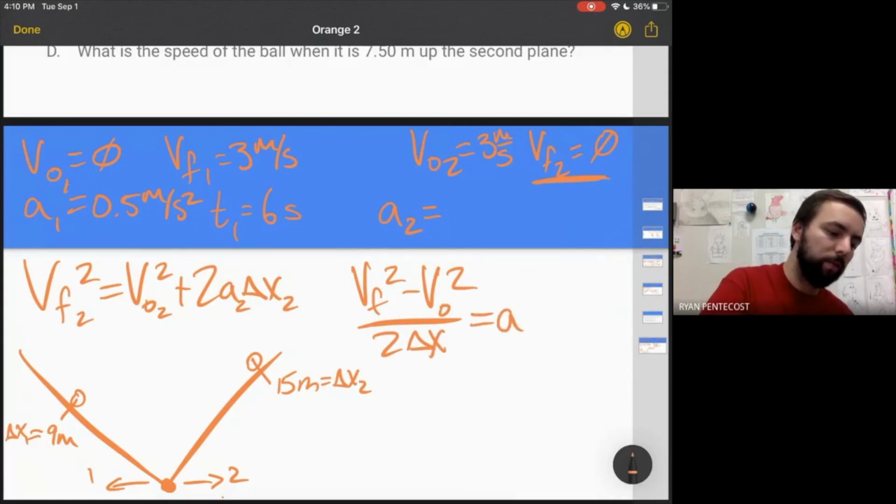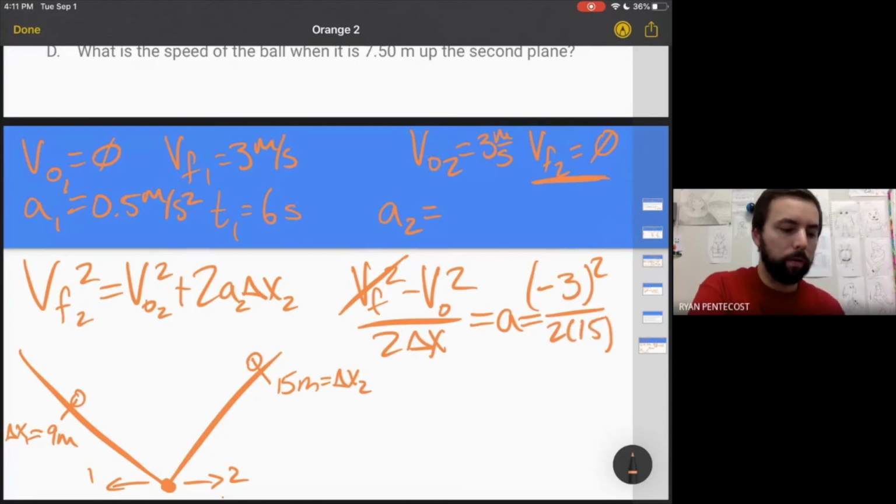Now on this side, v final is 0, so you can ignore that one, but the minus still stays in play. So you've got -3 squared divided by 2 times 15. Okay. So the negative gets squared away anyway.